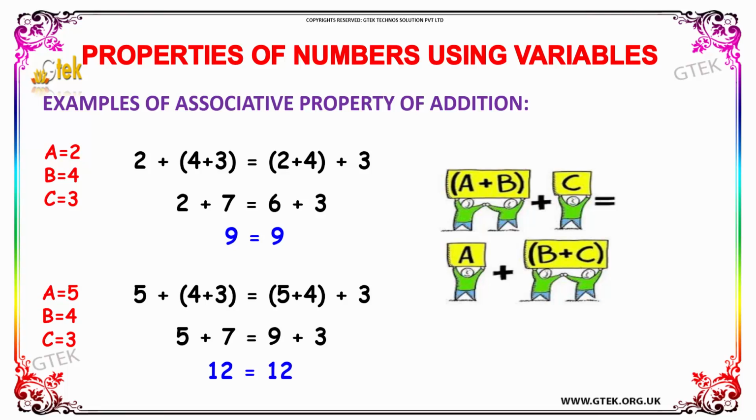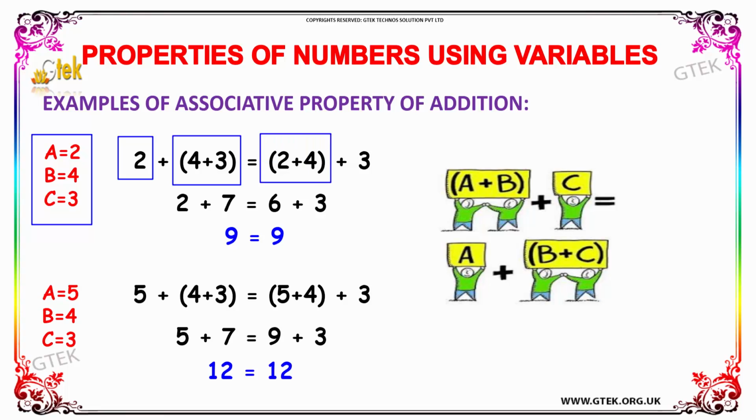Let's see some examples of the associative property of addition. We have three terms: A equals 2, B equals 4 and C equals 3. By applying the property, we have A plus B plus C, that is 2 plus 4 plus 3, equal to 2 plus 4 plus 3, where A plus B is added to the C term.